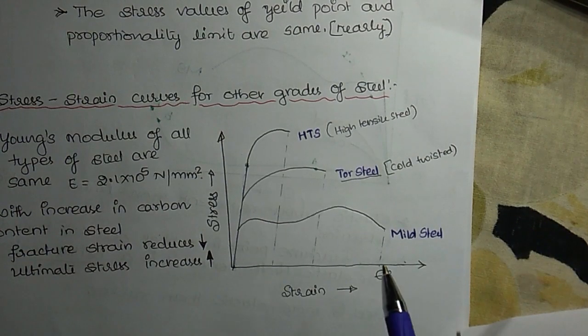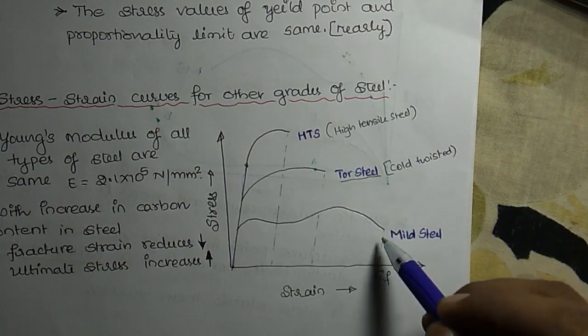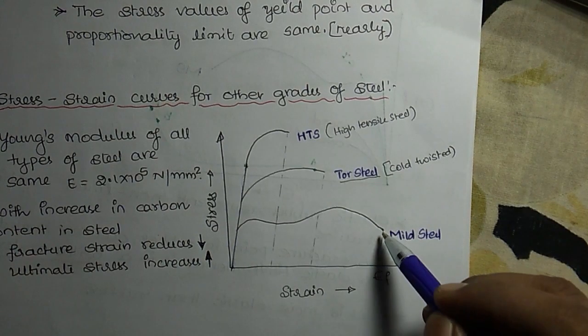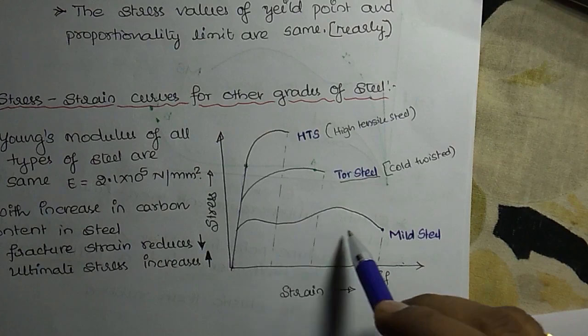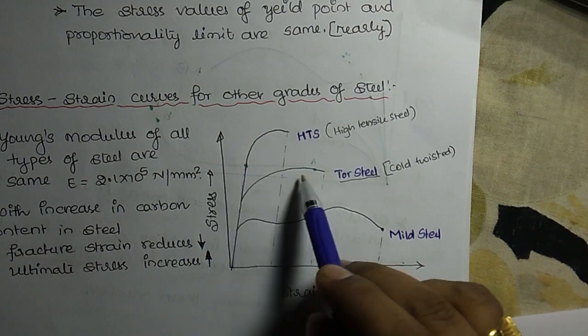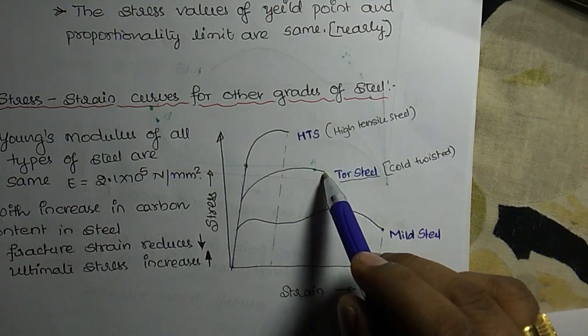One more point you should note down: if you increase the carbon content of the steel, you can note mild steel has less carbon content and it has got a larger value of strain. As we increase the carbon content, the strain value goes on decreasing, whereas the ultimate value goes on increasing.